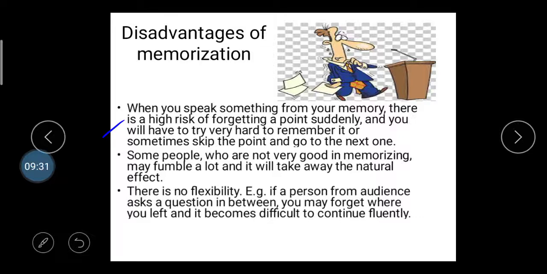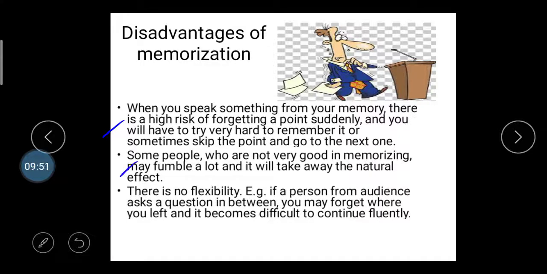This is important, because sometimes you cannot recall what you memorized, and at that time you may miss or skip the main point and fail to give that information to the public. That is a disadvantage of the memorization method.